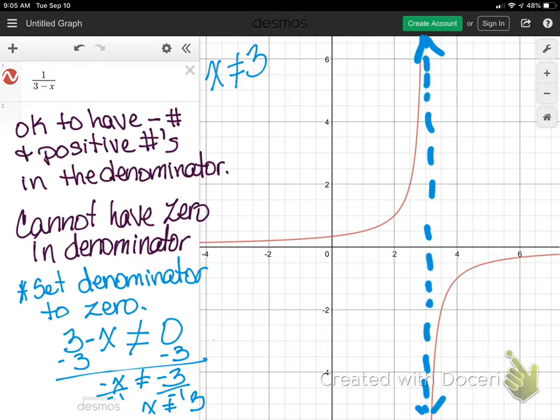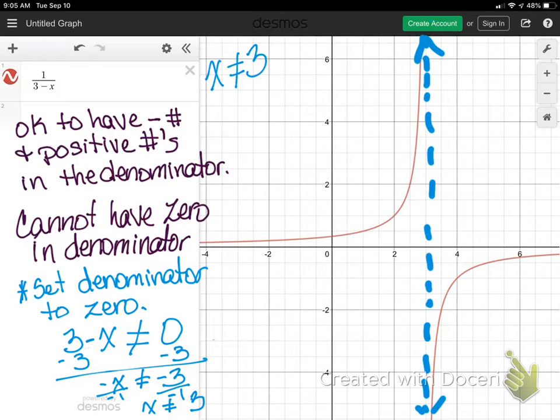From the left, it goes up to positive infinity. From the right, it goes to negative infinity. So I can put any number I want into this function except for 3, because when I put 3 in, I get 0 in the denominator and it's undefined.